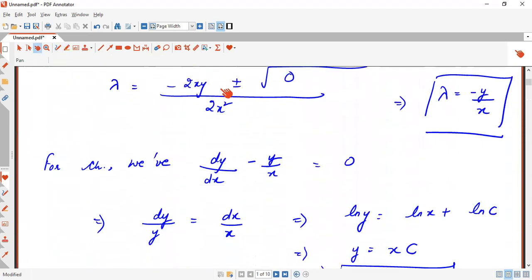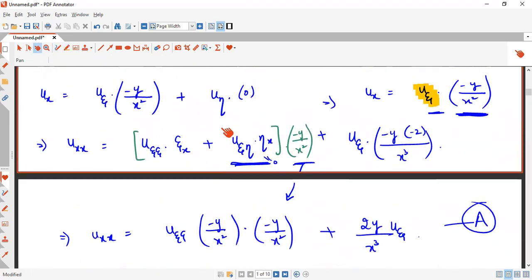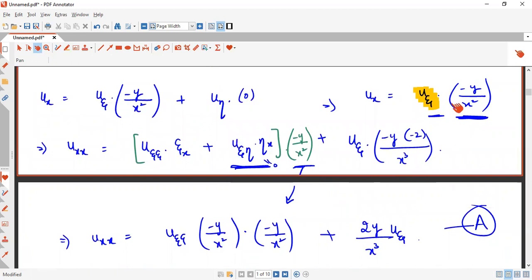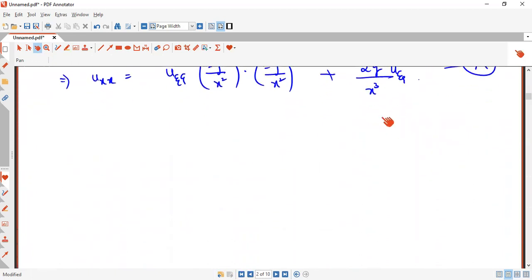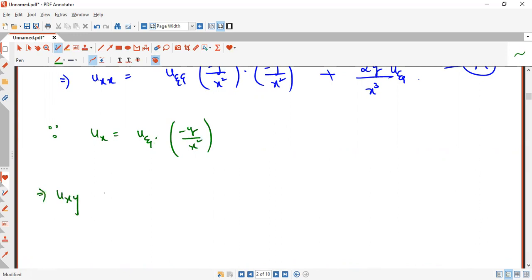uxy, then uyy. ux we already know. Now find out uxy, because ux is u xi of minus y upon x square. For uxy, we are differentiating with respect to y now. u xi, I know, is a function of xi and eta.